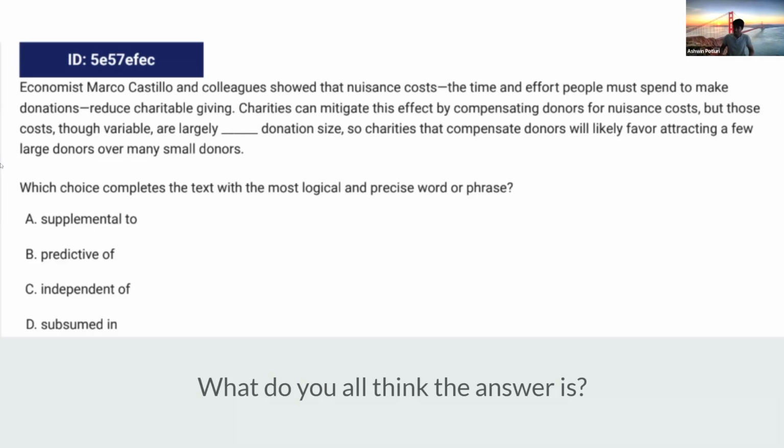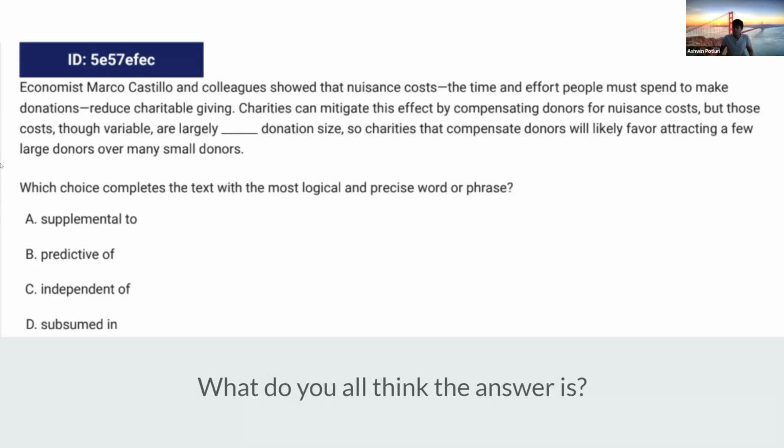So charities that compensate donors will likely favor attracting a few large donors. That doesn't make much sense, right? The costs aren't compensated for, right? If we look at what it's saying, it's kind of like they aren't really useful.